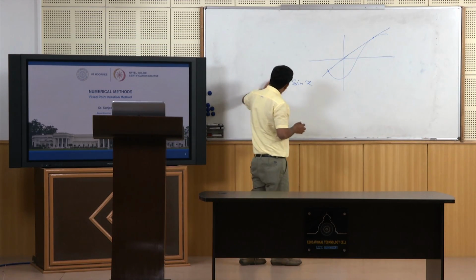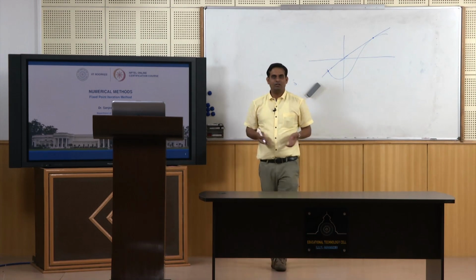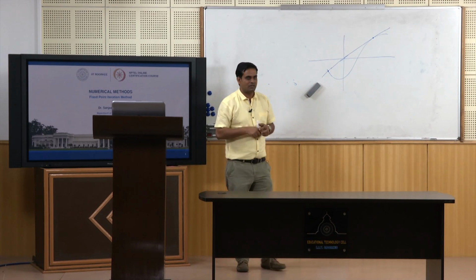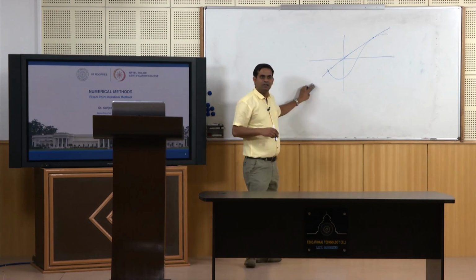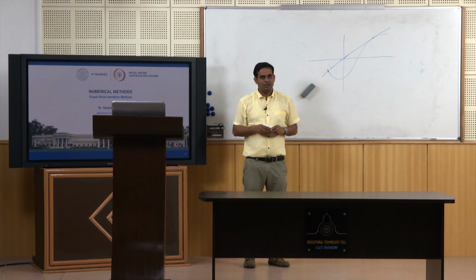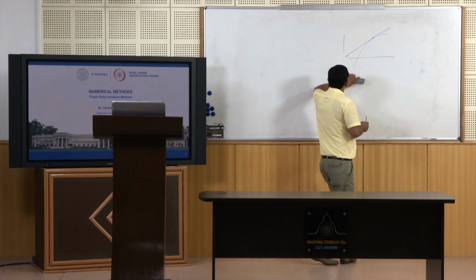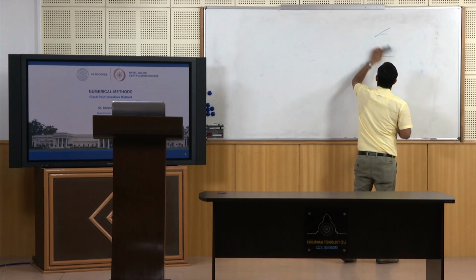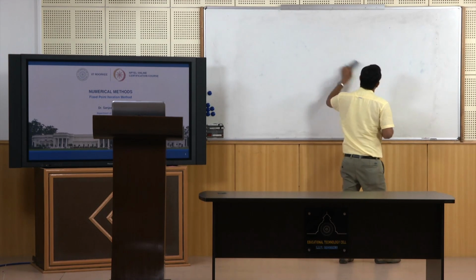Similarly, we can have functions with one fixed point, two fixed points, or more than two fixed points. For example, for the identity function, all the points are fixed points. Now based on this concept of fixed point, we will develop our fixed point iteration method.